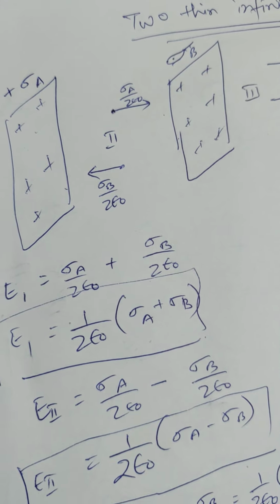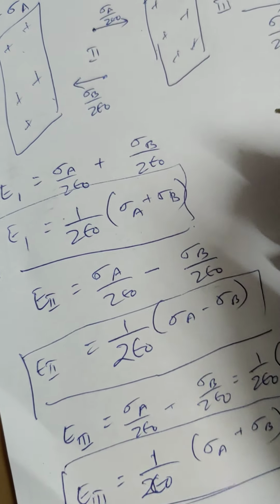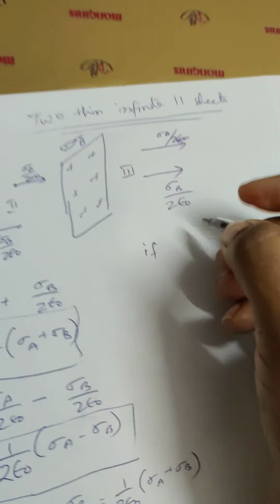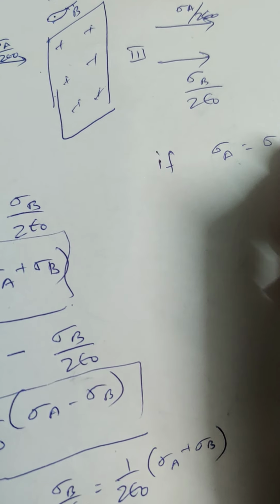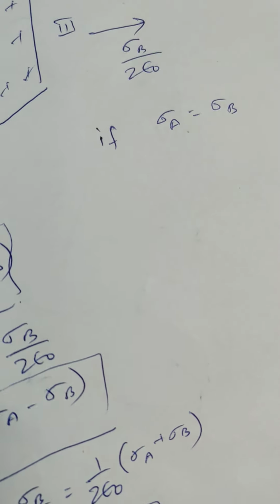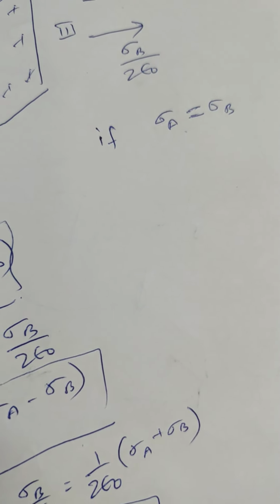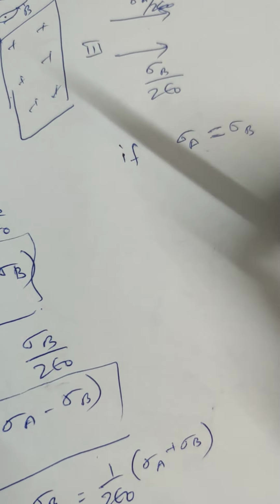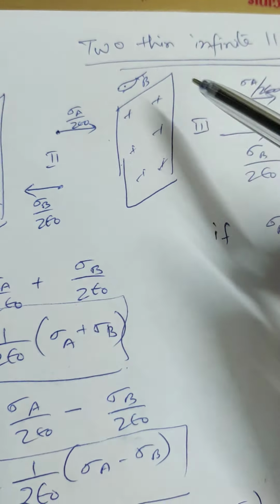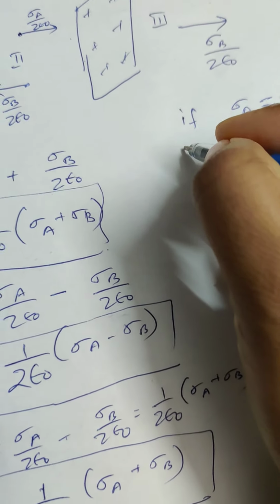Now here we will take special cases. Now if sigma A is equal to sigma B, if both the sheets have the same charge density, equal, both positive or both negative and equal, then it becomes the case of the thick sheet. There also we had the same densities. So in that case what happens?